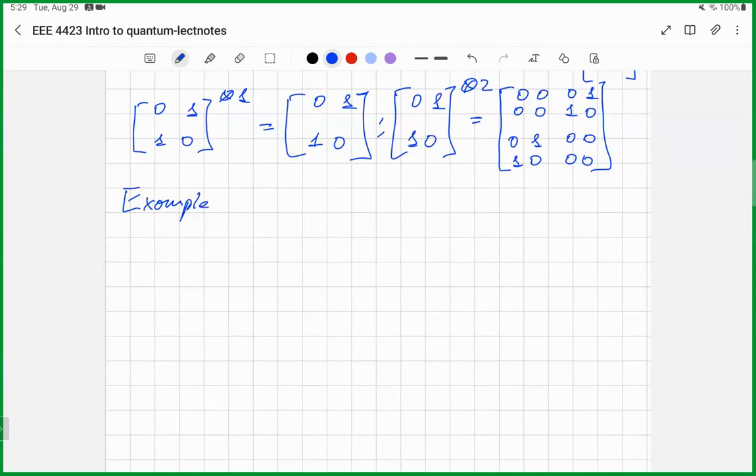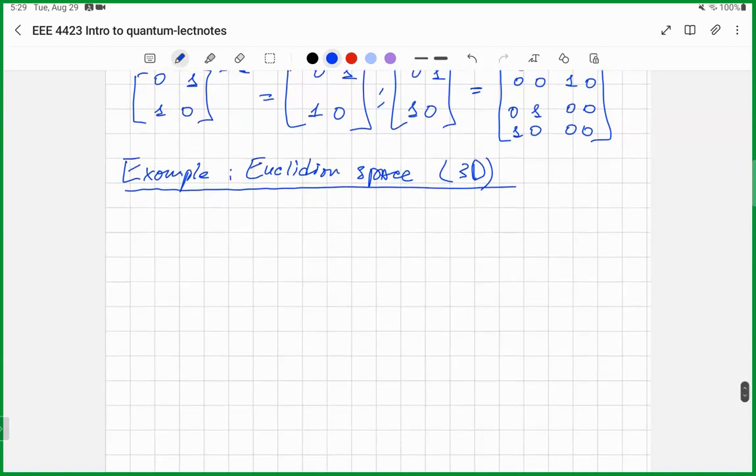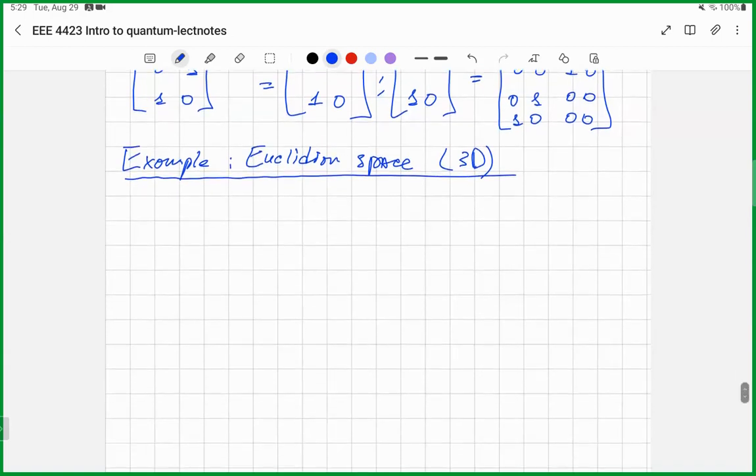As an example, we take the Euclidean space. So what is Euclidean space? Euclidean space is the space where we live. That's our space, right? Three-dimensional Euclidean space. So how do we describe this space?